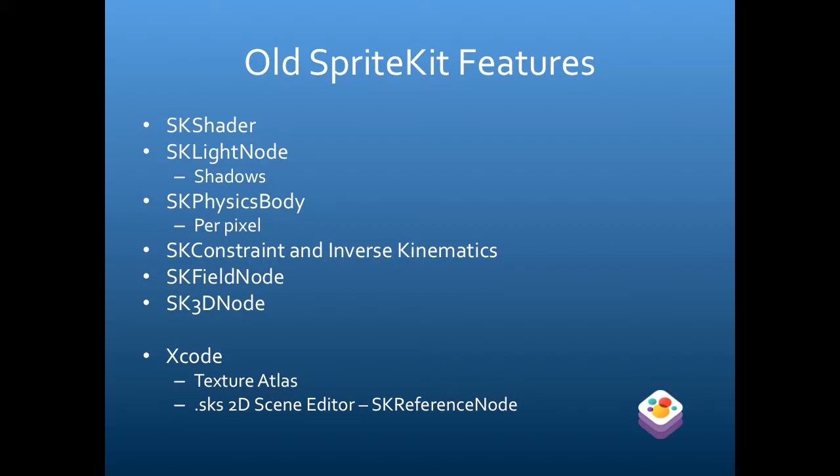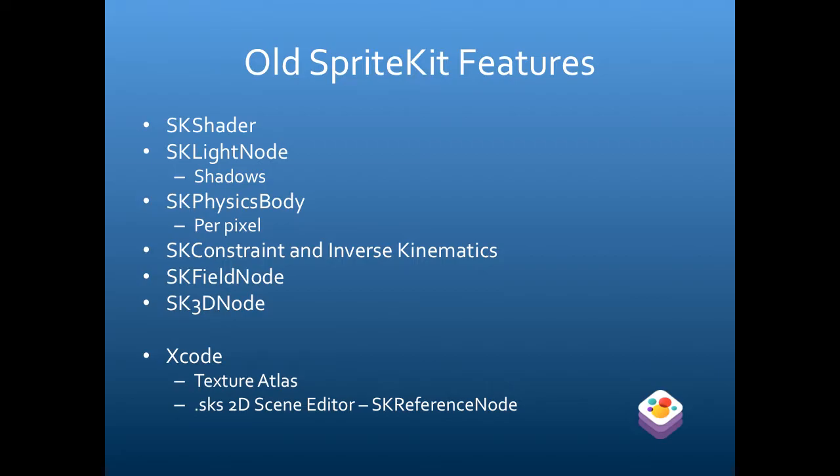So here are some of the SpriteKit features from before iOS 9. They're not even that old, so don't be ashamed if you don't know these. You can do shading, you can do shadows, you can do physics, constraints, inverse kinematics, that's all robotics stuff. Field nodes.